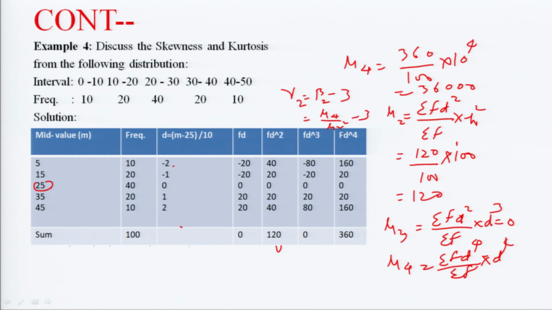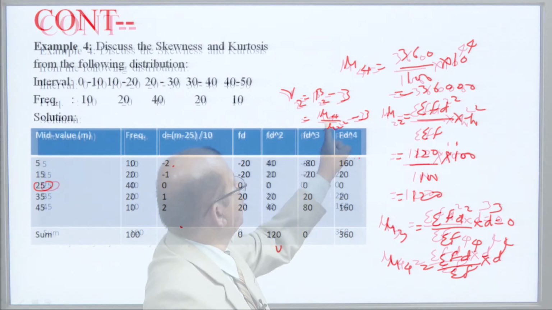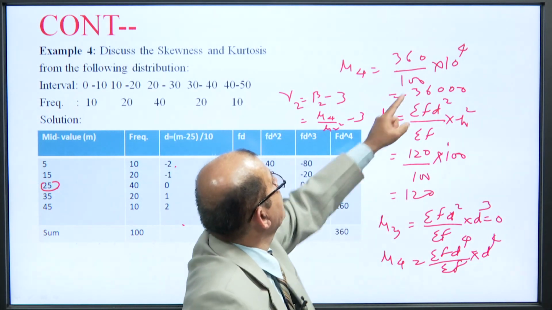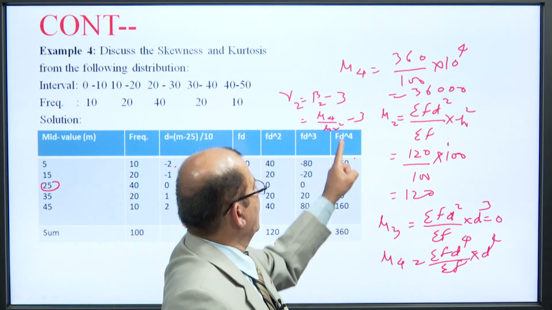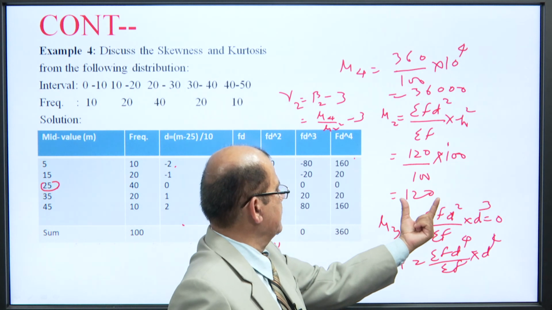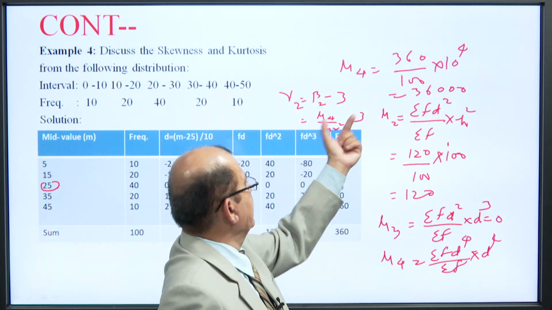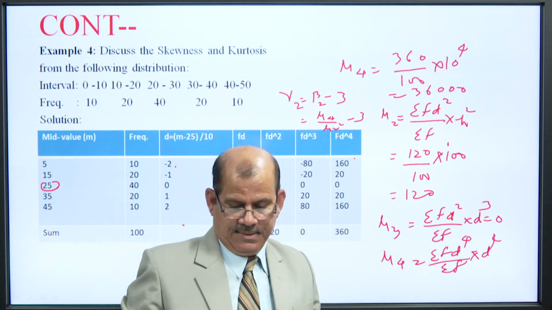Mu 4 is this and mu 2 square is this, and calculating it we will get the kurtosis.